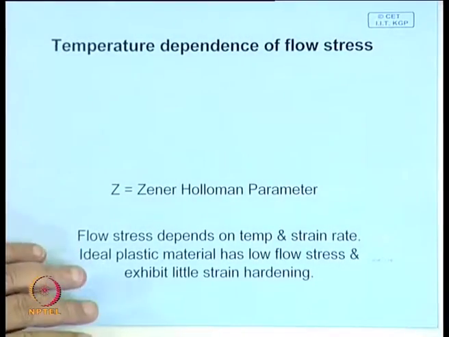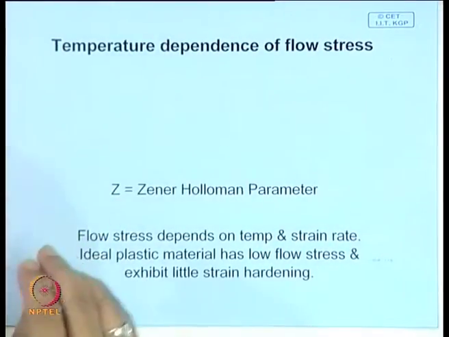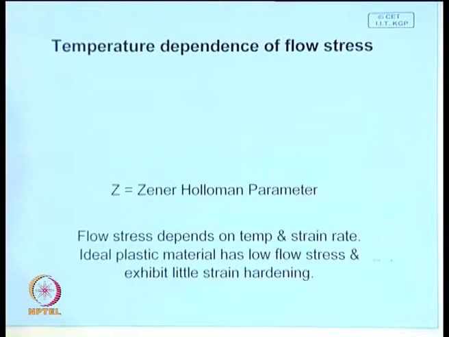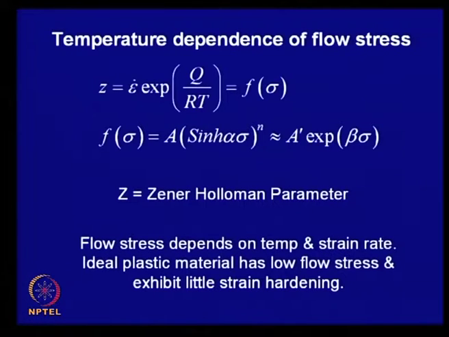Now let us see how flow stress gets affected by temperature. Now this is given by this famous expression, a parameter. Often in hot working one introduces a parameter called the Zener-Hollomon parameter. Now hot working depends not only on the stress that you apply and the temperature at which you apply the stress, but also on the rate at which the load is applied, or the strain rate at which the material is deforming.